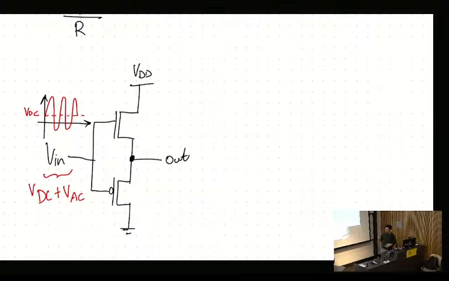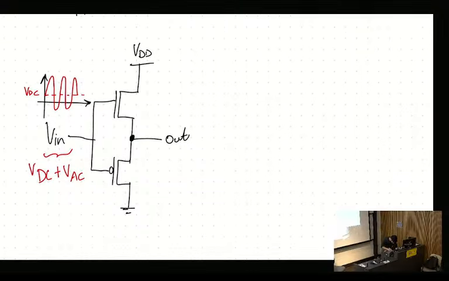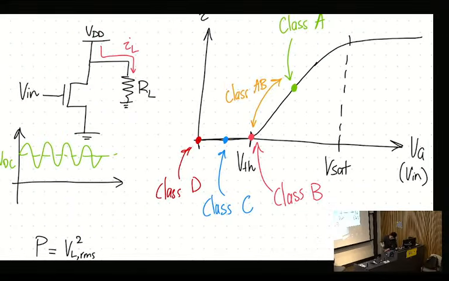The amount of power delivered to the load depends on the RMS value, right? So it depends on the amount we swing in the positive direction and the amount we swing in the negative direction, because that determines the average value. If we look at this case, the main difference is the direction of current. We're only swinging in one direction, so we have a really high maximum voltage.